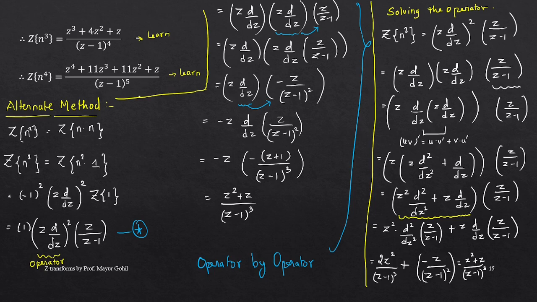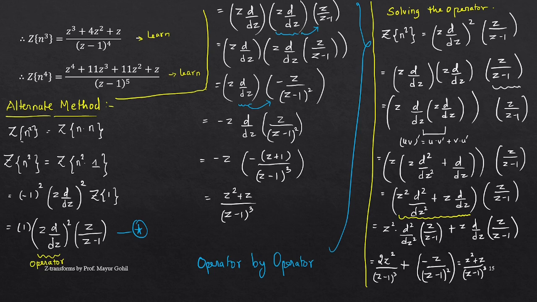I hope you can remember this. It is not extremely essential, but you will need it when you do the inverse Z transform. So if you know, it would be handy, otherwise you have to work out the whole long way. But I hope you can remember till n cube. That is very, very important.